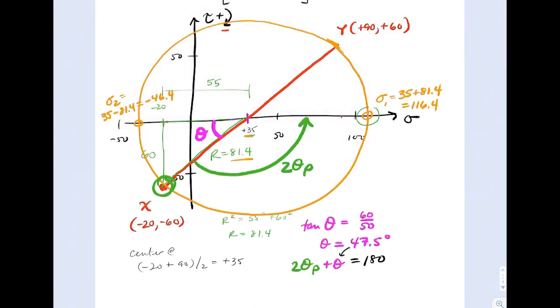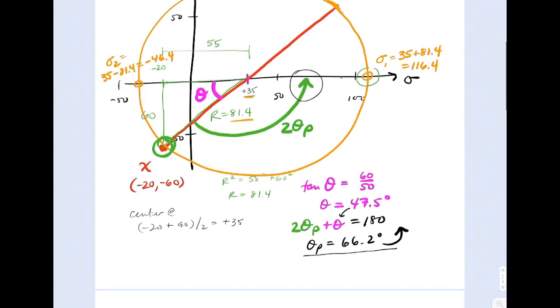So I'll just go ahead and plug that in. That gives me a numerical answer for theta p, and it gave me a direction because I struck in the counterclockwise direction. So one answer for theta p is 66.2 degrees.